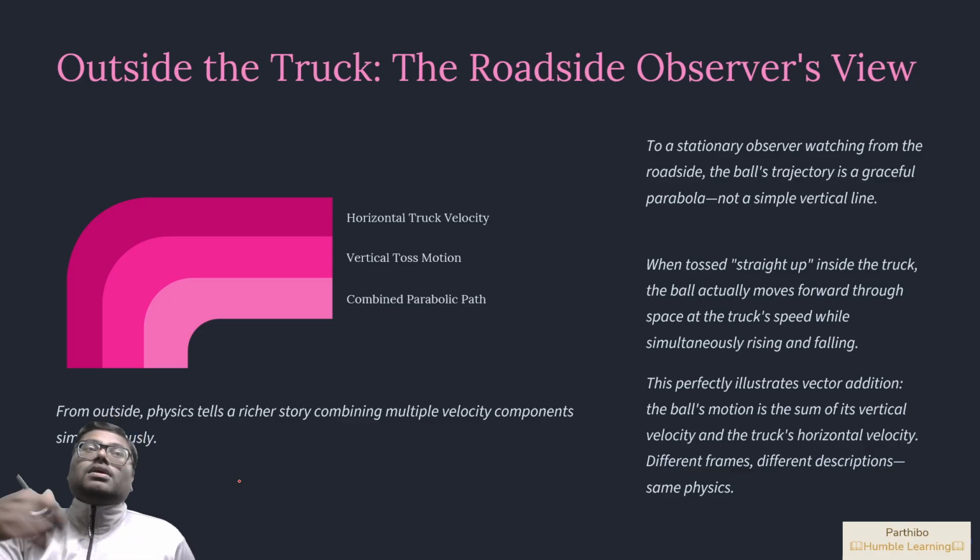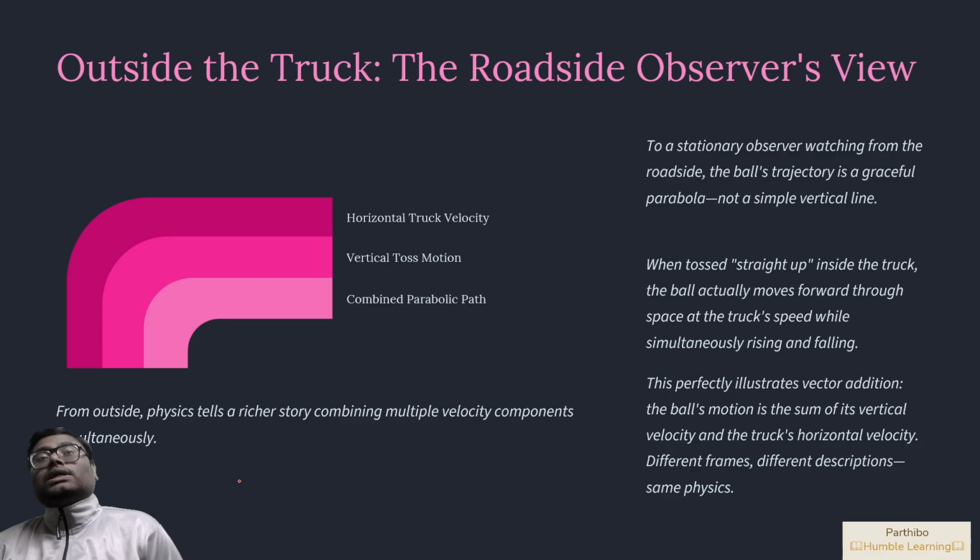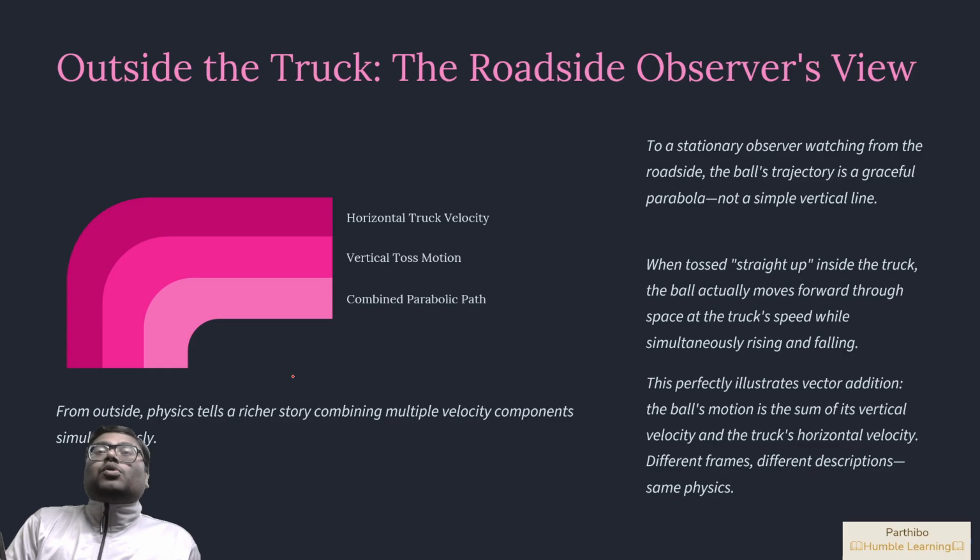Now, what will the person outside the truck see? What is actually happening? So, the roadside observer view. To a stationary observer watching from the roadside, the ball's trajectory is a graceful parabola, not a simple vertical line. When tossed straight up inside the truck, the ball actually moves forward through space.